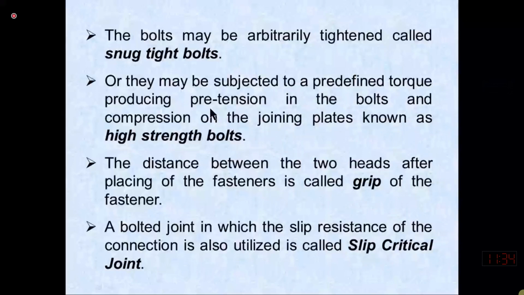So D plus 3 is actually the diameter of the hole, so the hole size is 3 millimeter more than the diameter. It means that if we apply a tensile force, there is a margin that this plate can slip in any direction by 3 millimeter, because the size of the hole is more than the diameter.